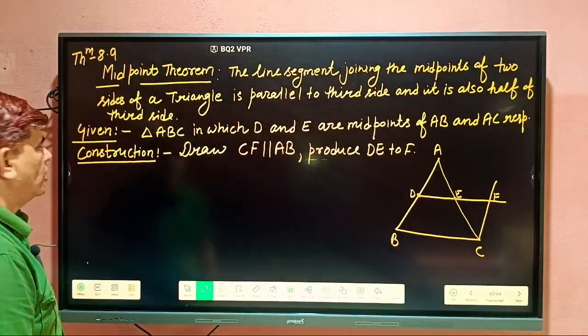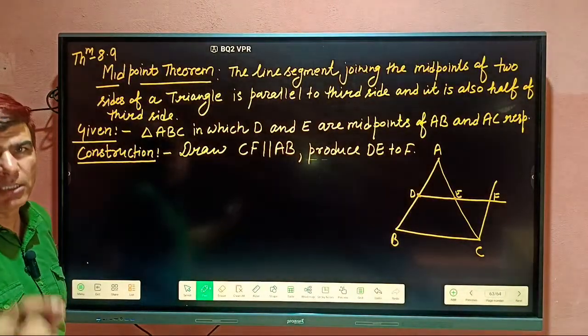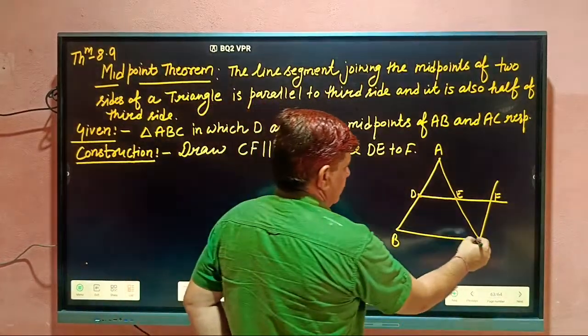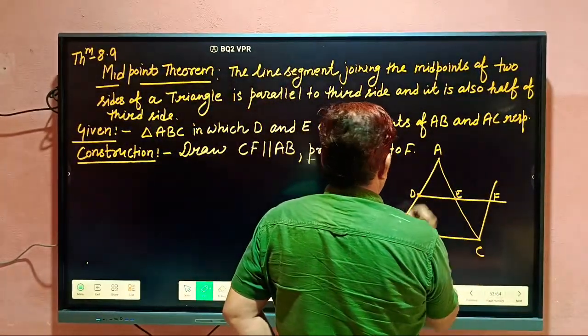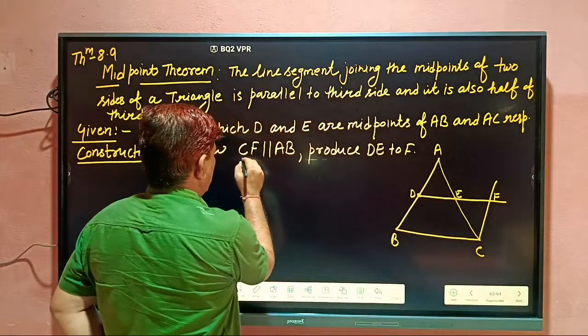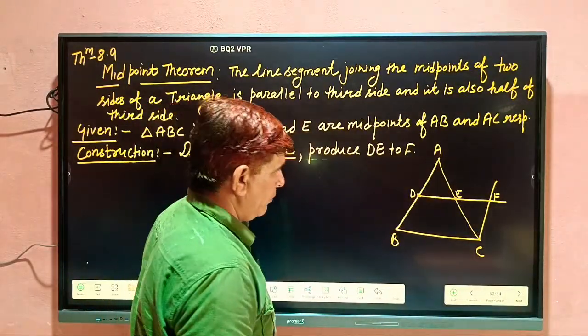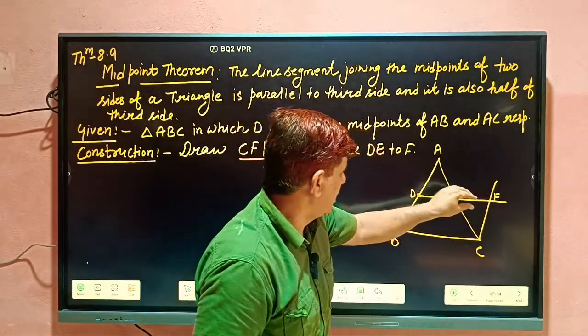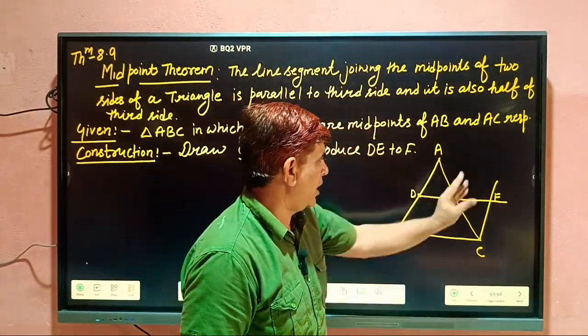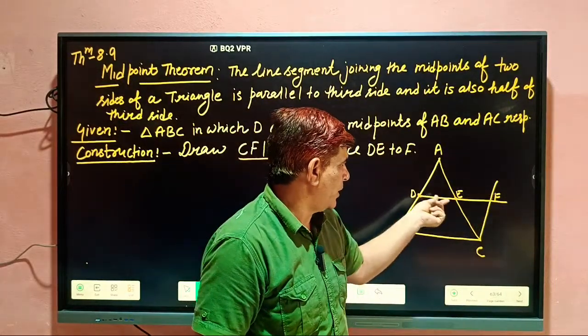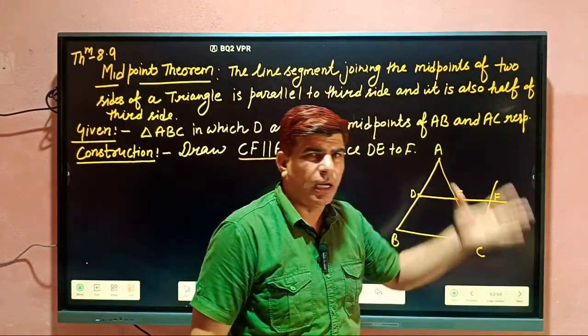Understood? Construction we need. Some construction we need. Draw CF, which is parallel to AB. And when we produce this DE, it is cutting at a point F. Understood? When we produce this, it is cutting at point F.